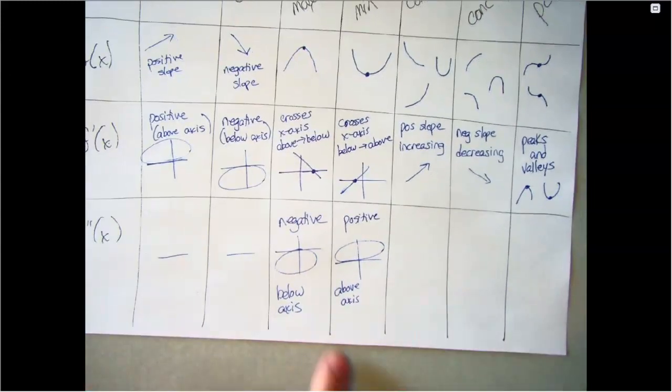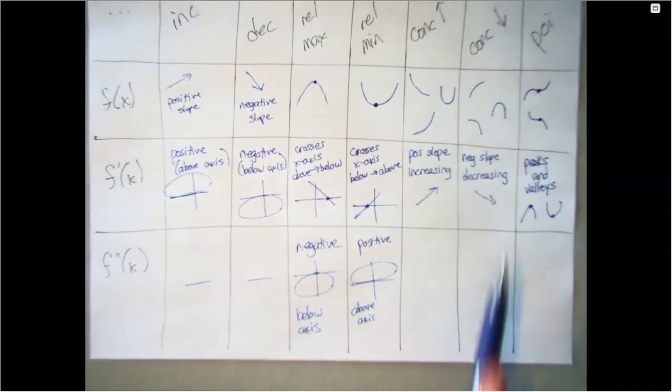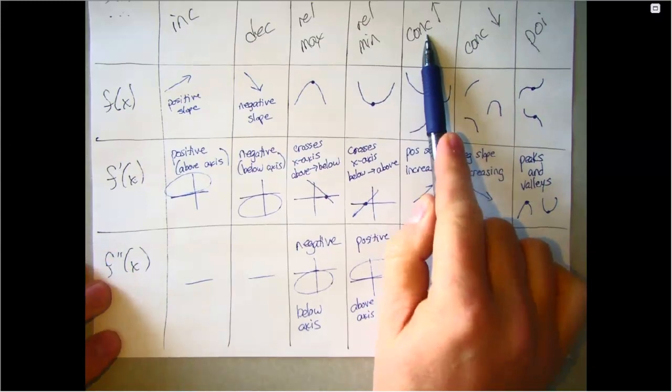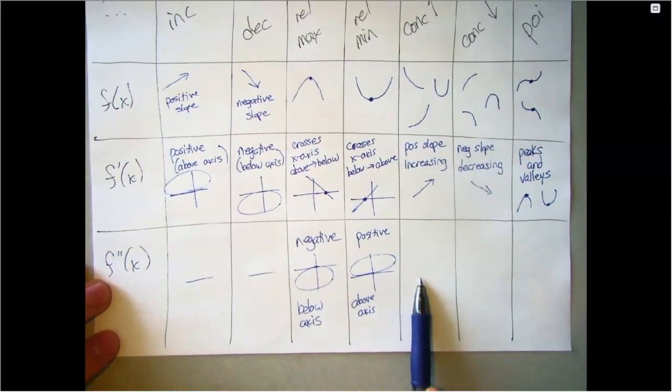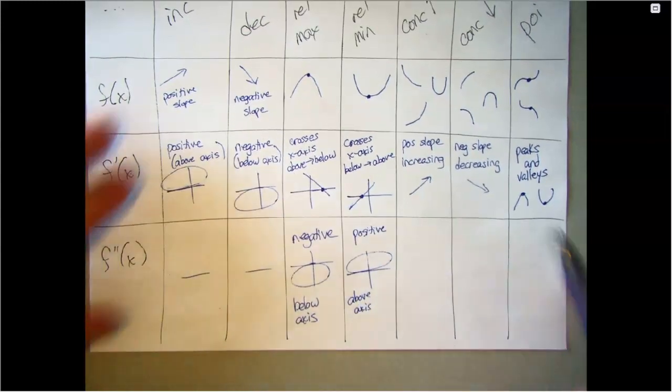These are really similar because it's kind of the same thing. So if the original is concave up, what do we know about the second derivative? Positive. So it's the same thing I just wrote down here.